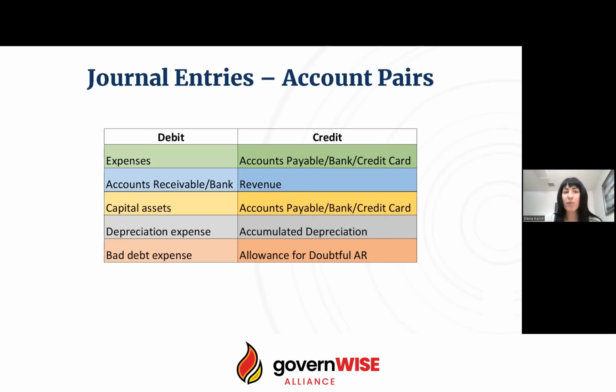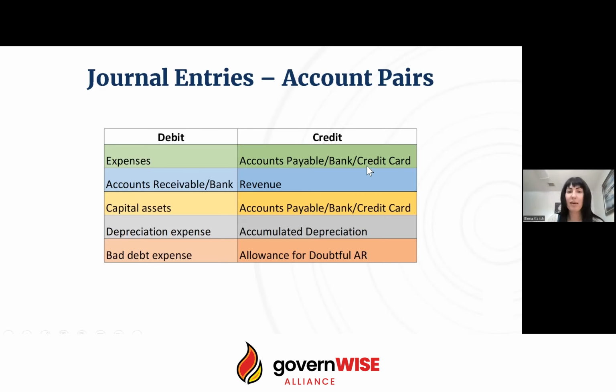So if we want to record an expense, we have to think it through. Okay, what's affected? What's affected on the other side? So if I paid, say, hydro, then I know hydro expense is affected on one side. I have to increase that. But what's affected on the other side? Well, how did I pay it?